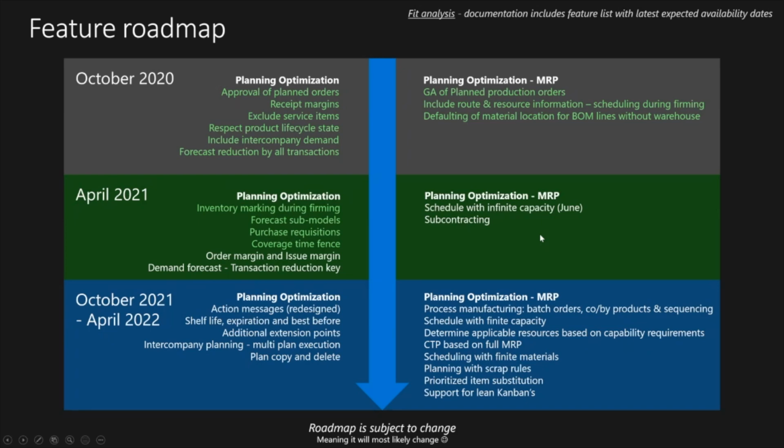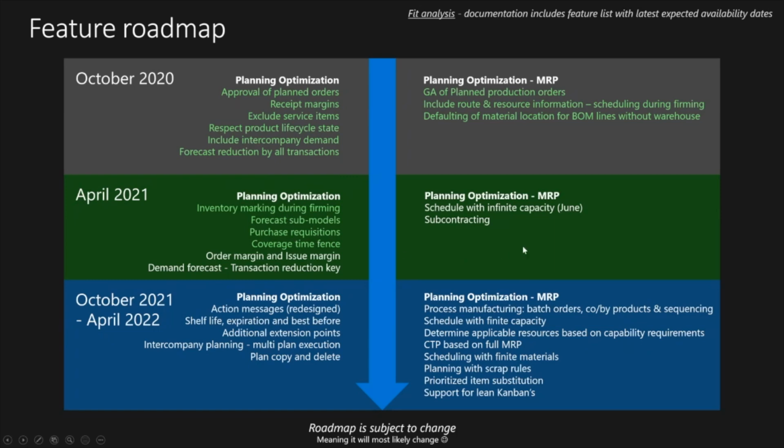We are starting with infinite capacity. Finite is coming later. And then we are also trying to see if we can squeeze in subcontracting. And on the green box here, it's important for me to note that it doesn't mean it will be available April 1st. You can see I have June here. This is the time frame from April that we have in this corner here. But some of it is already available.